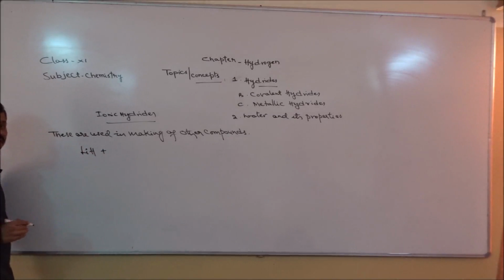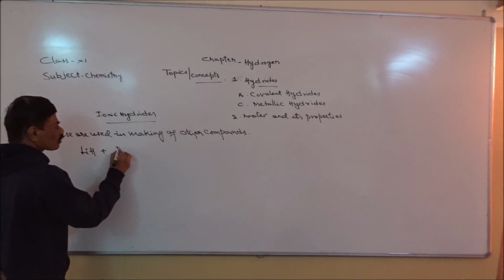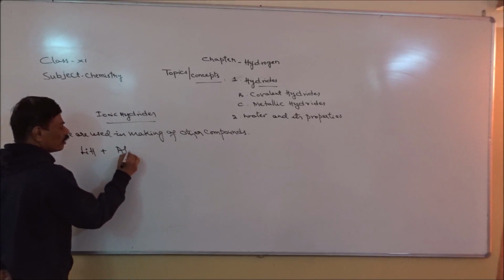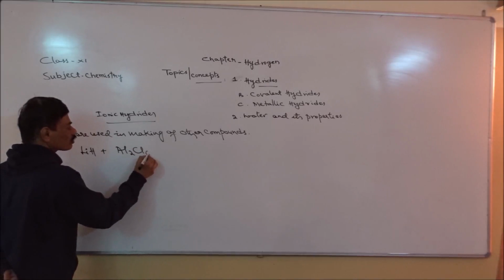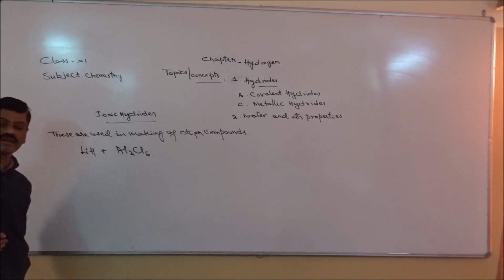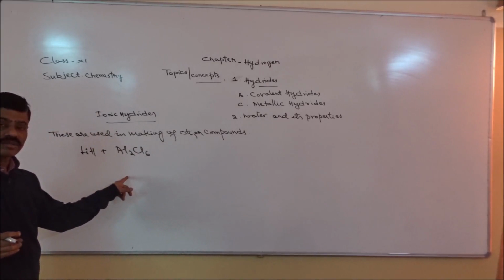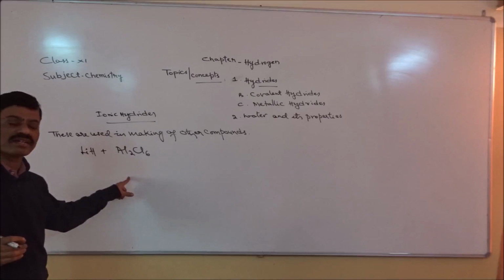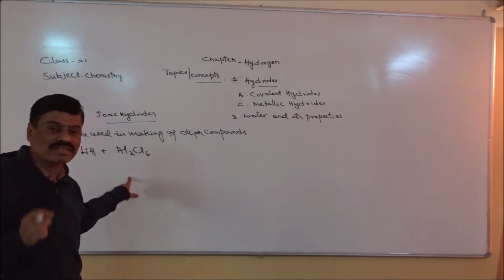When this is treated with Al2Cl6, this is dimer of aluminium chloride, Al2Cl6, or it can be written as 2AlCl3.